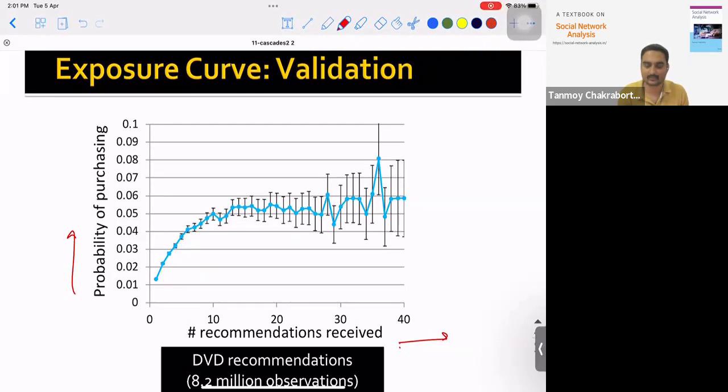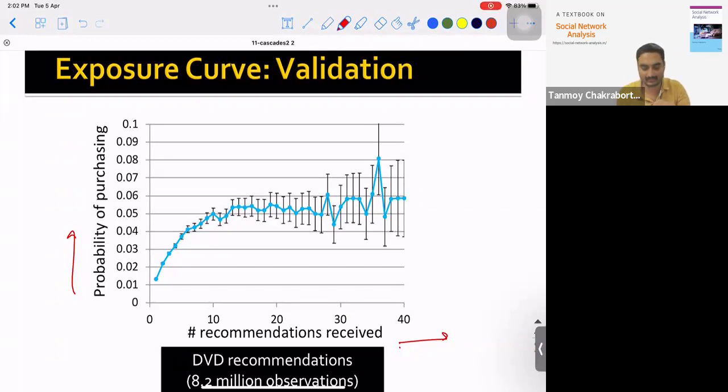In the exposure curve, we have seen that x-axis is the number of exposures, and y-axis is the number of adoptions. Here also exposure is the number of recommendations, number of referrals, and y-axis is the probability of purchase, right?